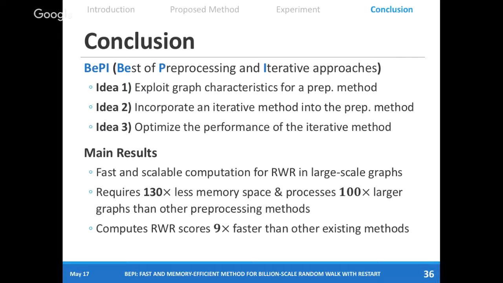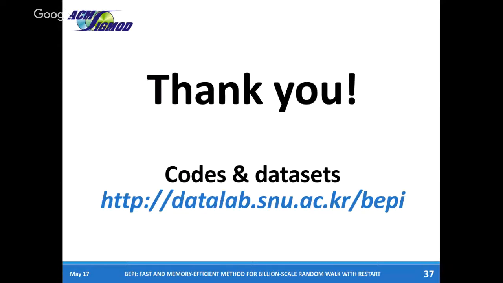BEPI is a fast and scalable method for computing RWR scores, and BEPI requires 130 times less memory space and preprocesses 100 times larger graphs than other preprocessing methods, and BEPI computes RWR scores 9 times faster than other existing methods. Okay, thank you. This is the end of the presentation, and the code and the datasets are available at this site. Okay, thank you.